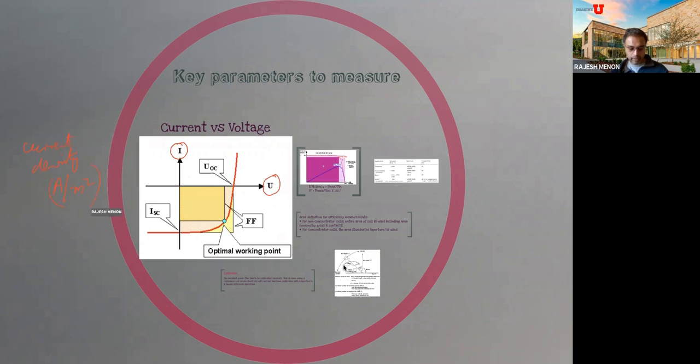So something to keep in mind. But in any case, because it's a reverse bias device, the current is negative. It's flowing in the opposite direction to the voltage. But as the voltage increases, the current increases.